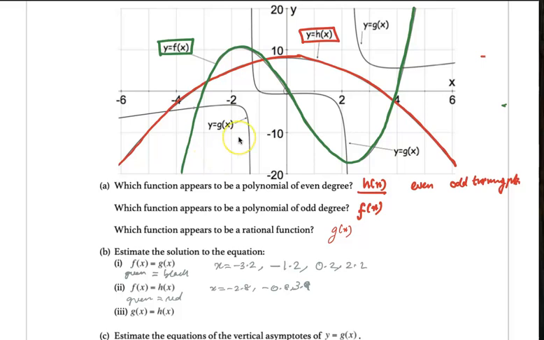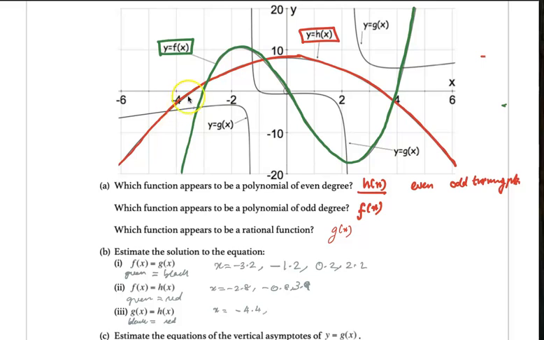Then g(x) is equal to h(x). g(x) is the black, h(x) is red. Black and red meet here at minus 4.4.